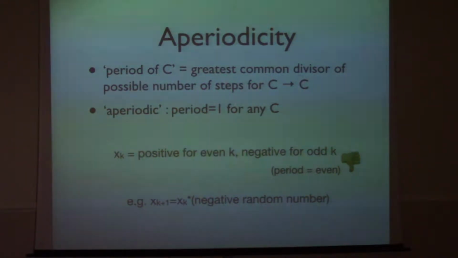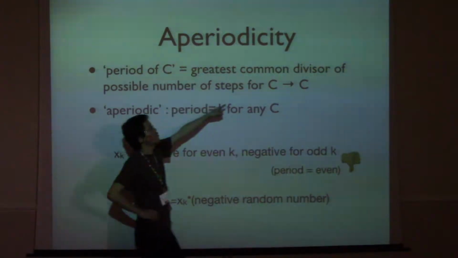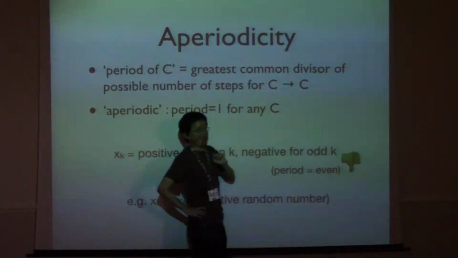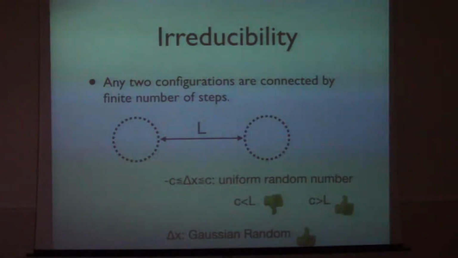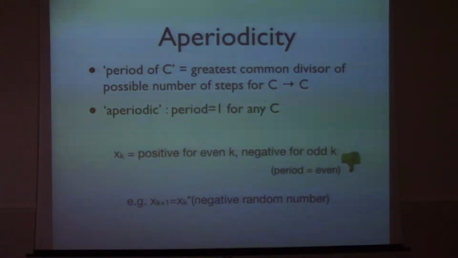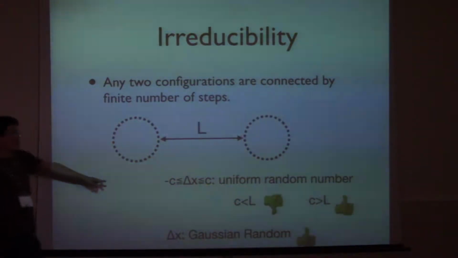Aperiodicity is a bit more tricky, and I cannot really explain why this is needed in a simple manner. But anyway, the statement itself is very simple. The period of C means the greatest common divisor of the possible numbers of steps from some configuration C to itself. In this example, delta x can be 0, I just said it's a uniform random number in this region.